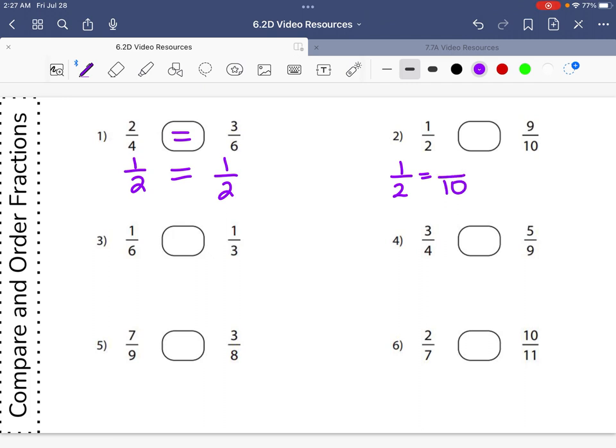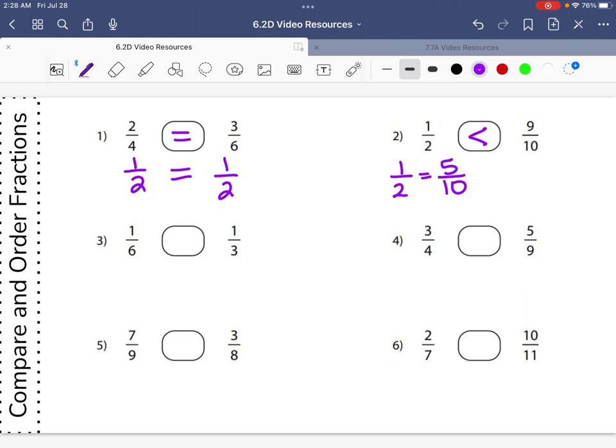And I know that 1/2 compared to 10 is equivalent to 5 out of 10. So I can think of this in the same way as comparing 5/10 to 9/10. And I know that 9/10 is greater, so my inequality symbol will open to the greater value.